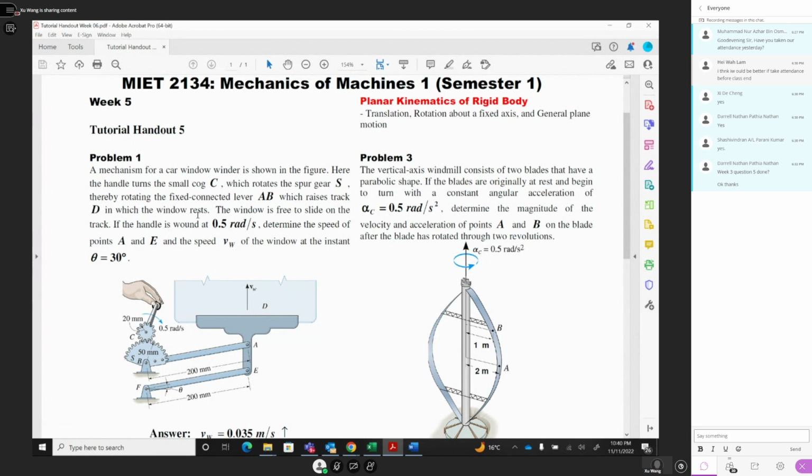This is how it works: the window rests on the chuck, and the window is free to slide on the chuck.